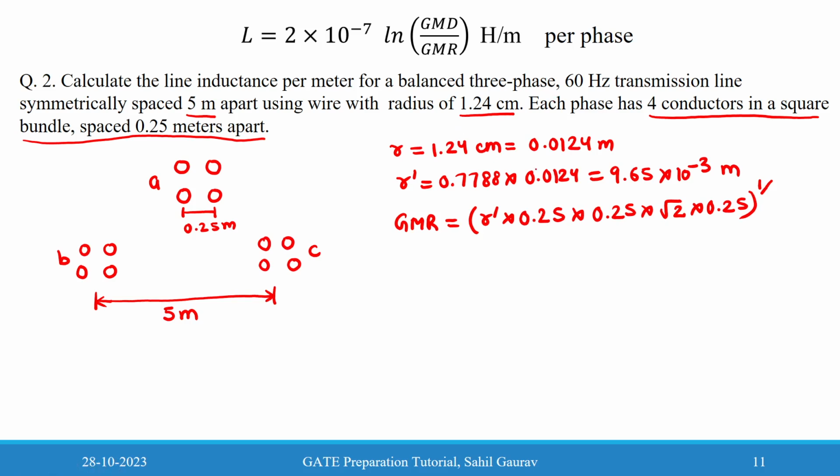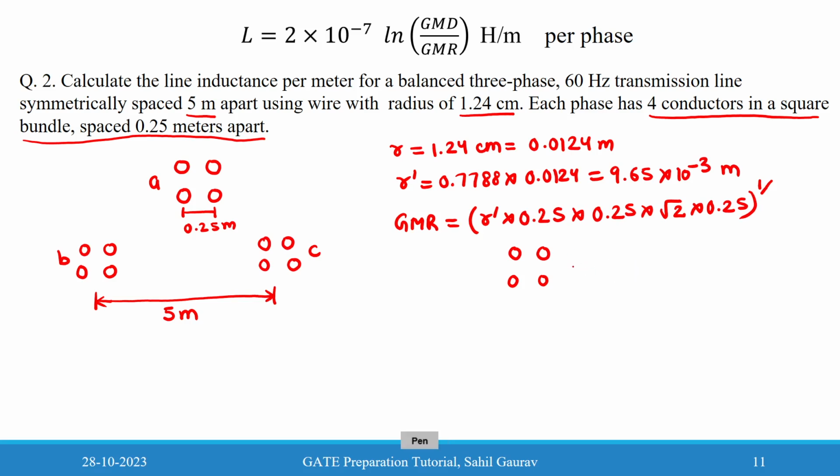How will we write 1 by 3? Because we are finding for a bundle conductor, the geometric mean radius of a bundle conductor, and I have already told you that you should see the number of conductors in the bundle. This is a bundle conductor, four conductors in a square bundle. 1/4, sir.